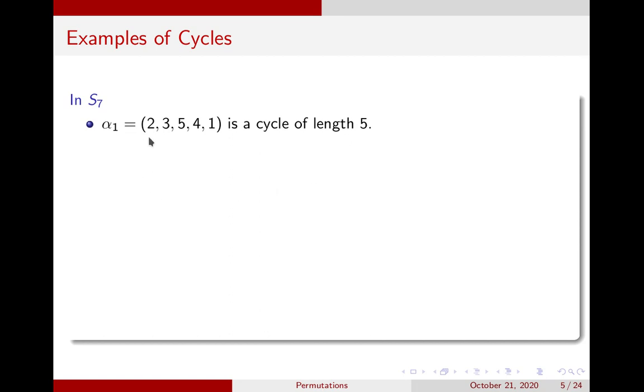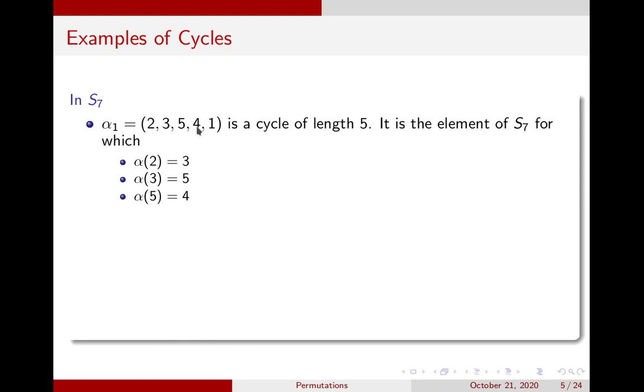Here is a cycle of length 5. I'm calling it alpha 1, shorthand. It's an element of S7. Alpha of 2 is 3, because 3 follows 2 in the cycle notation. Alpha of 3 is 5, because 5 follows 3. Alpha of 5 is 4.